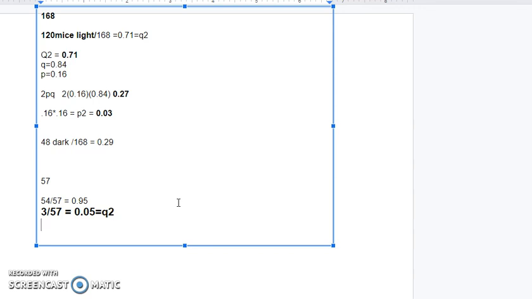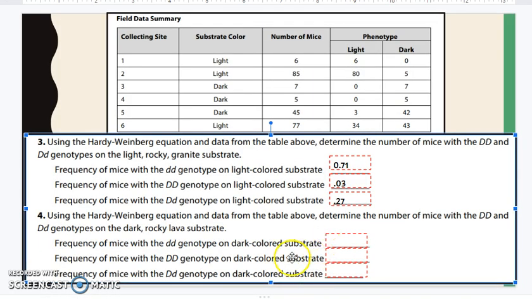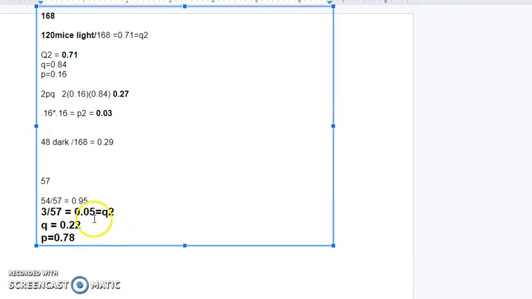If I take the square root of both sides, I find that q is equal to 0.22. Now because p plus q equals 1, I know that my p is going to be equal to 0.78.